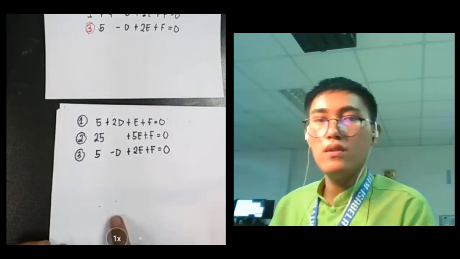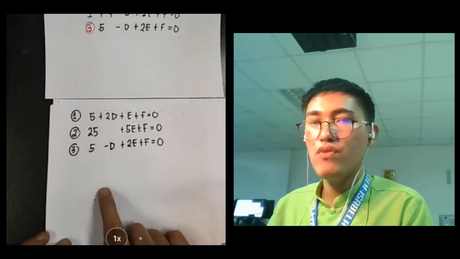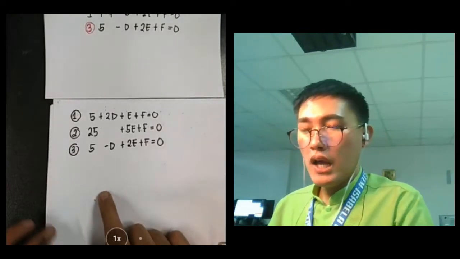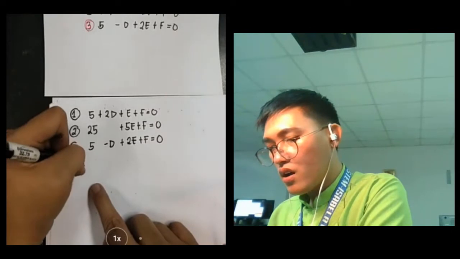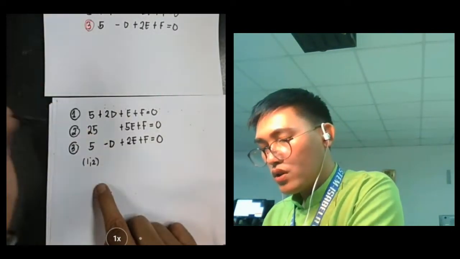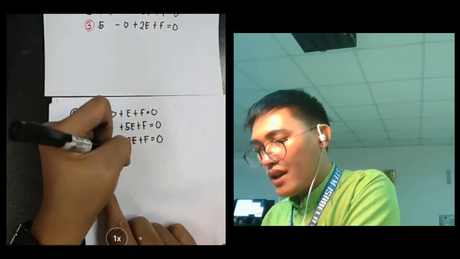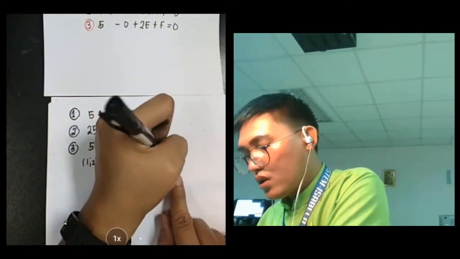Now, our objective here is to remove one variable. We can combine 1 and 2, or 2 and 3, or 1 and 3.